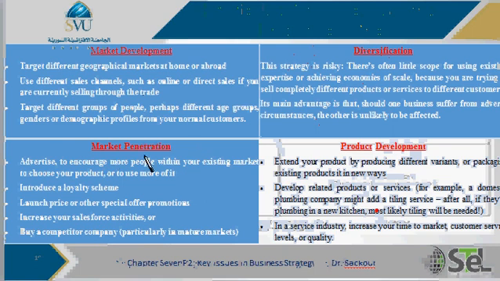In market penetration, advertise to encourage more people, launch price or other special offer promotions, introduce a loyalty scheme. In product development, extend your product by producing different variants and packaging. In the service industry, improve your time to market, customer service levels and quality.